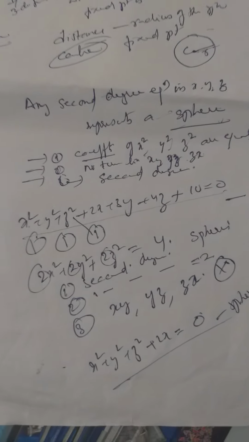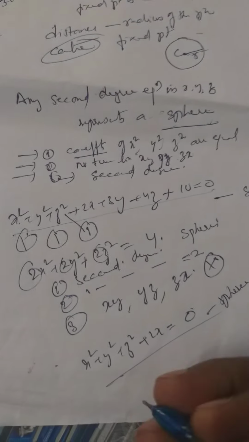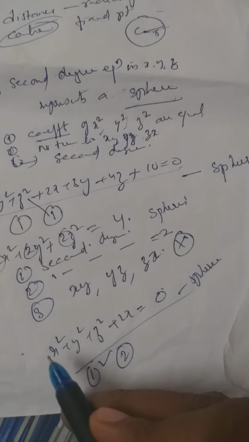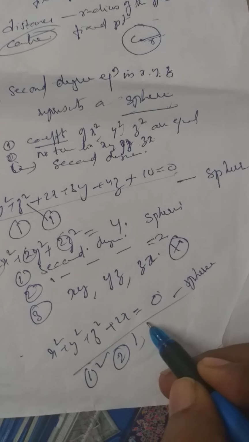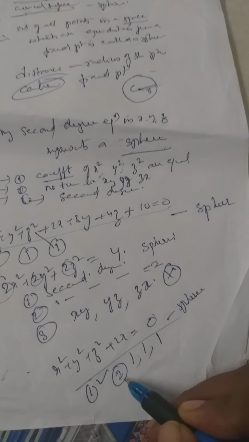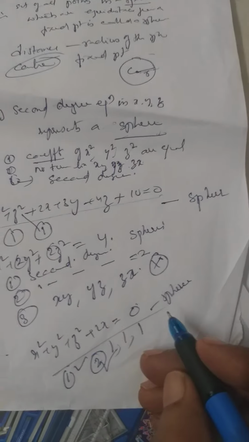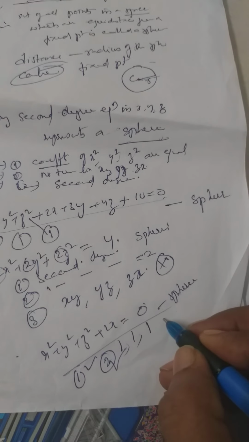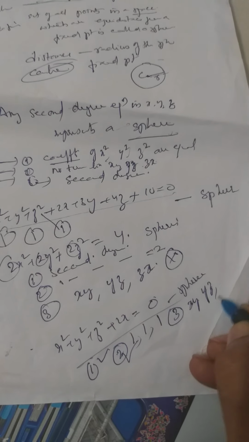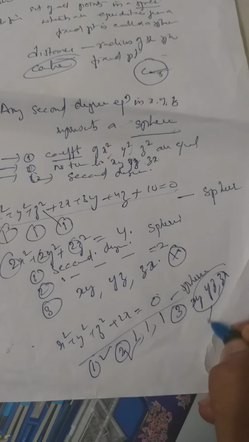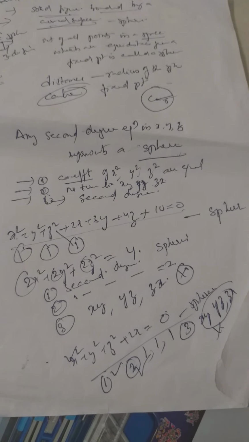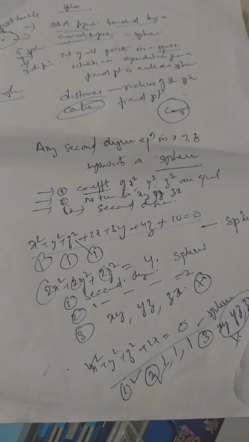First condition is satisfied. Second condition, the coefficient of x square is 1, the coefficient of y square is 1, the coefficient of z square is 1. Therefore all are equal. Second condition is also satisfied. Next, third condition, there is no xy term, yz term, zx term. These are all absent. Therefore, this equation represents a sphere.